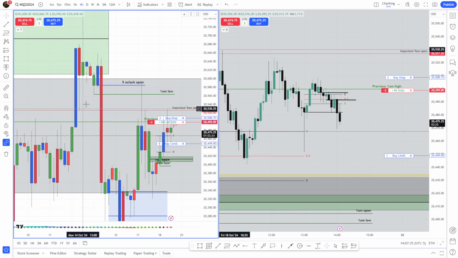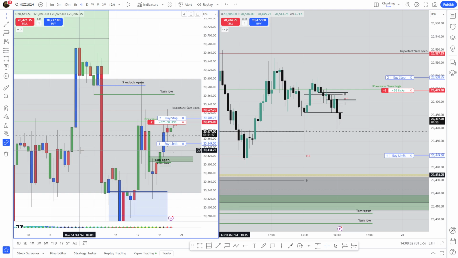So this right here, I was targeting this low on this candle. Okay, well look at how many other. Okay, so you have this 9 o'clock candle, which open got nailed, low got nailed.